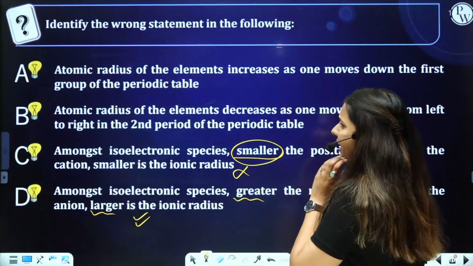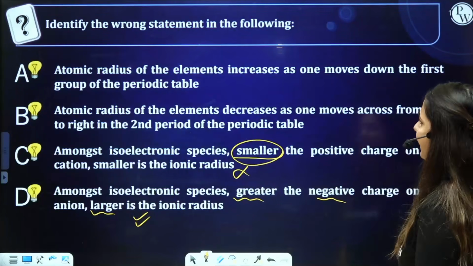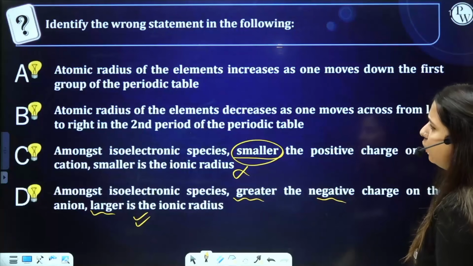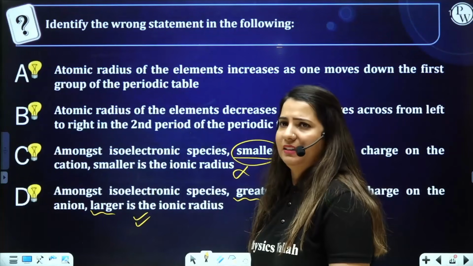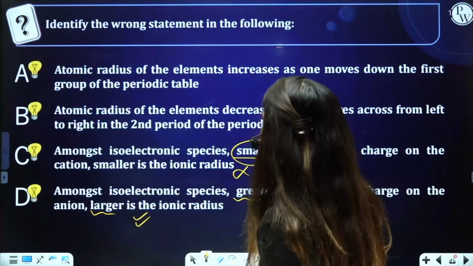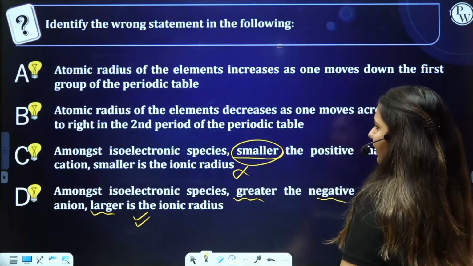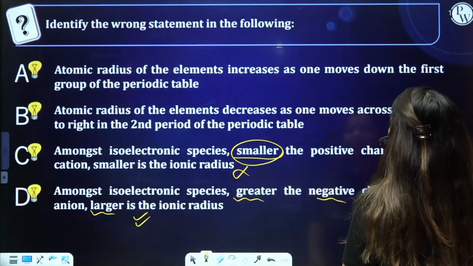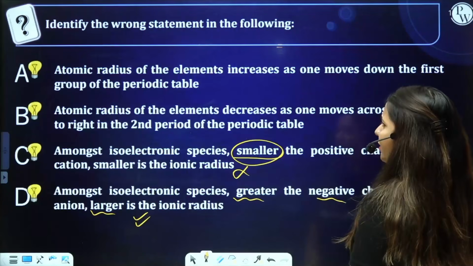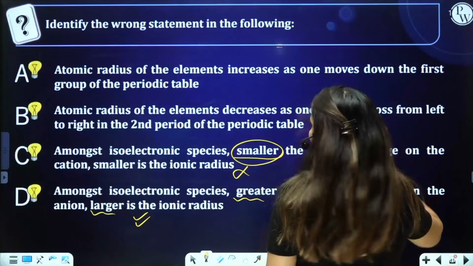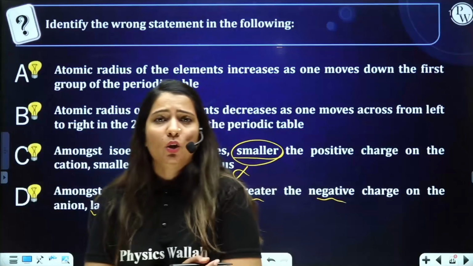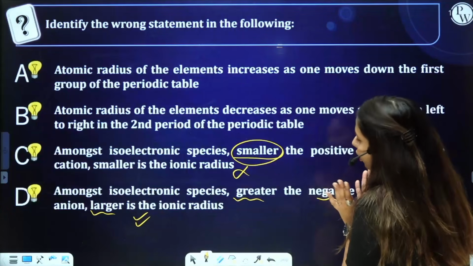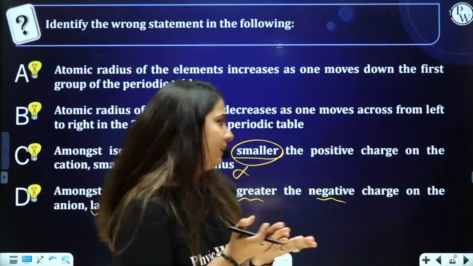What about the second one? Atomic radius of the elements decreases as one moves from left to right in the second period. You have this for all of the periods, it is not specifically for the second period. And atomic radius increases as one moves down the first group. We cannot say that it is specifically for the first group, but you have to answer according to the question. Obviously, for a wrong statement, there will be only one wrong statement, that is this one.